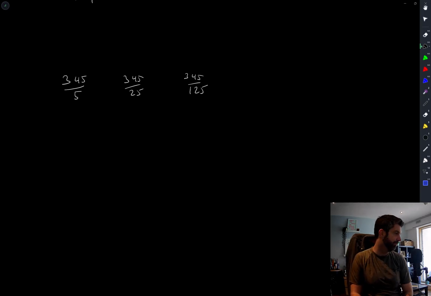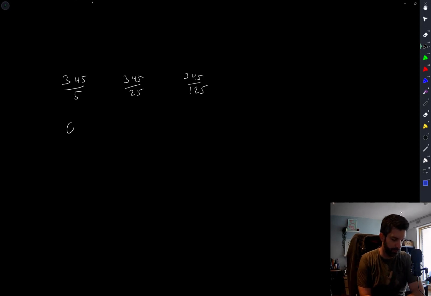350 divided by 5 is 70. So this is 69. 300 divided by 25. 12 plus 1, 13.